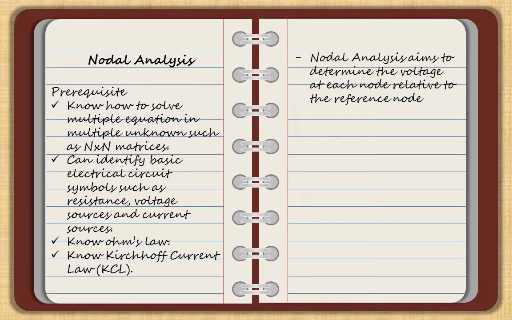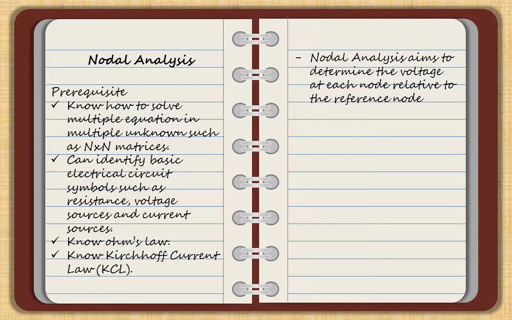Now, what does nodal analysis aim to do? Nodal analysis aims to determine the voltage at each node relative to the reference node. We're going to take up what these nodes are and what the reference node is. Nodal analysis can be used in any type of electrical circuit.